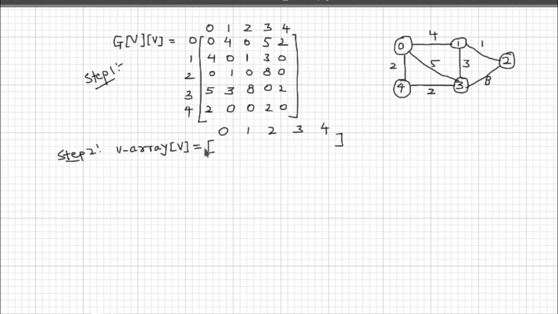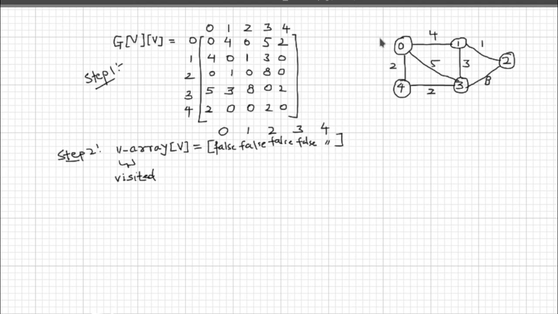This is actually the visited array, which maintains a record of which vertex you have visited. So we will initialize it with false initially. All of these values will be false initially.